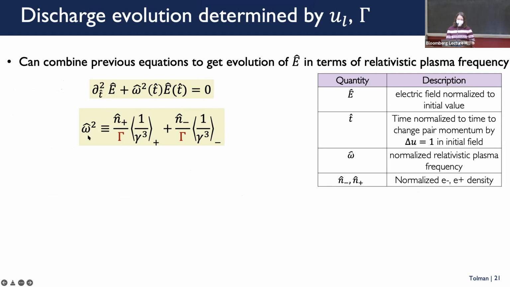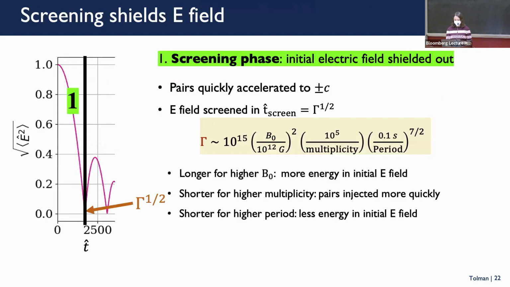You can see the definition of the frequency in the second yellow box, right? So this depends on the density of the positrons, the density of the electrons, and the average value of 1 over Lorentz factor cubed in each of these populations. All right, great. So these are the equations that we're interested in solving to understand the pulsar radio emission.